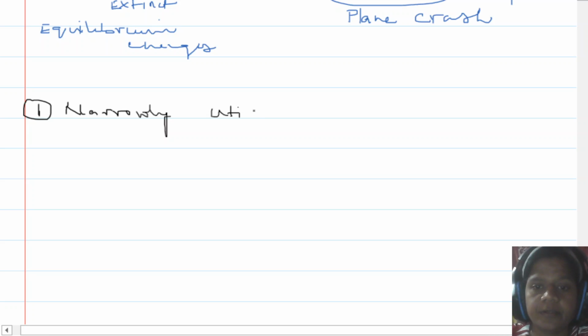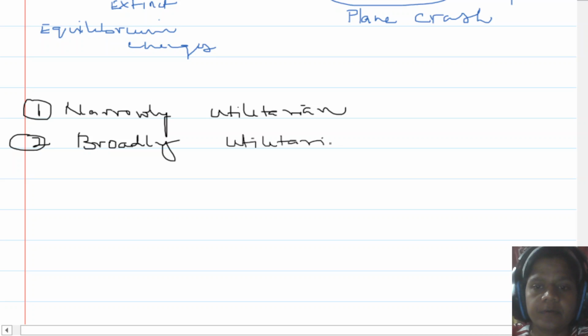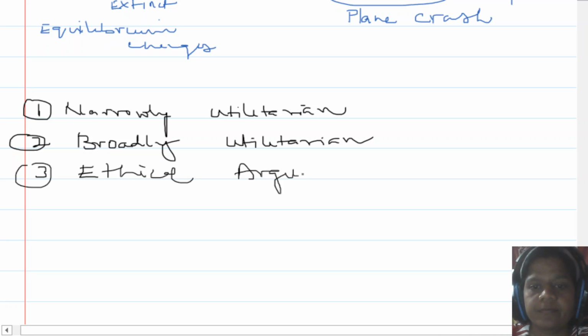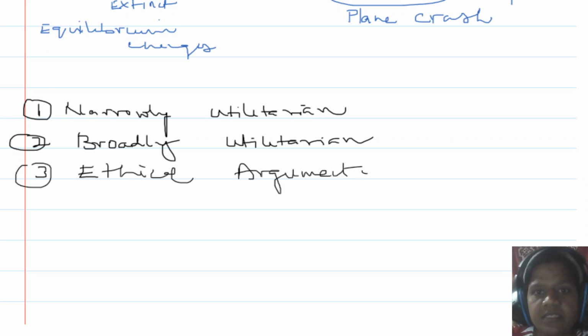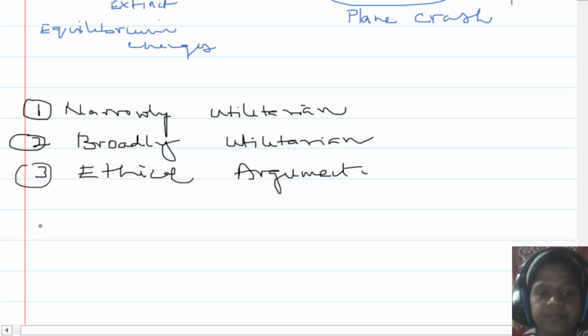Next one is broadly utilitarian. The third one is an ethical argument. Okay, so what is this narrowly utilitarian aspect of it?